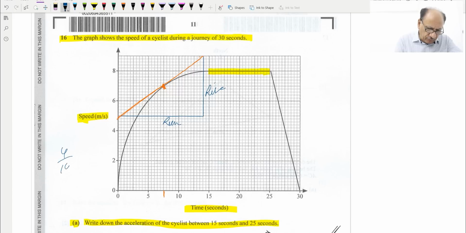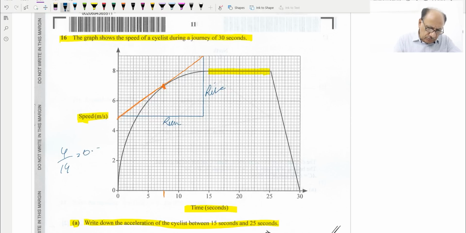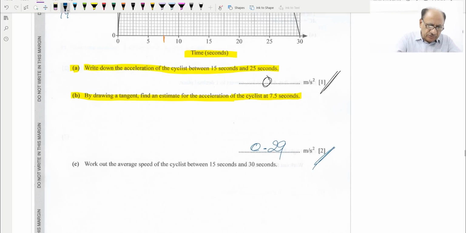So 4 over 14 will be equal to what? 4 divided by 14 is equal to 0.285. So 0.29 you can write, and acceleration up to this one. Okay, so 0.29 over here, this will be 2 marks answer.